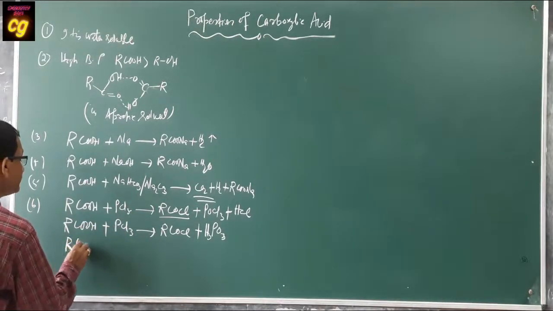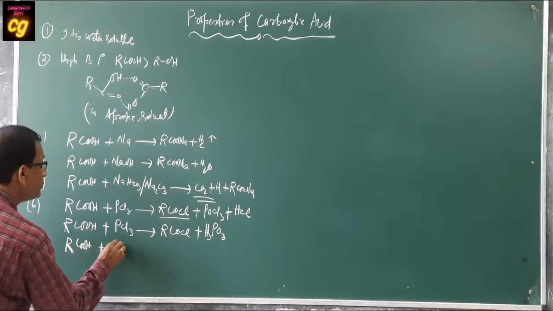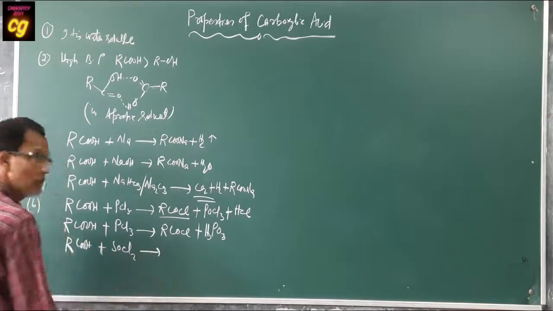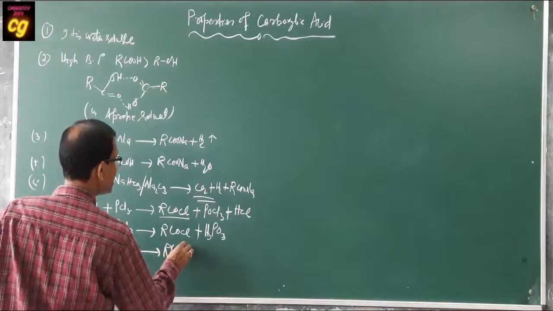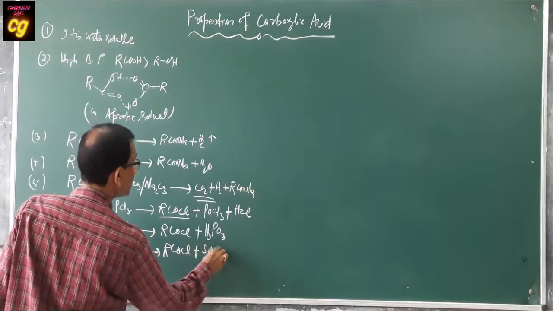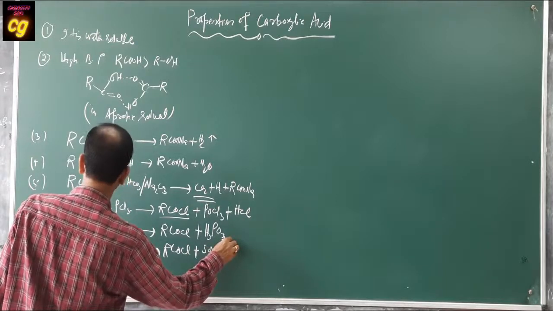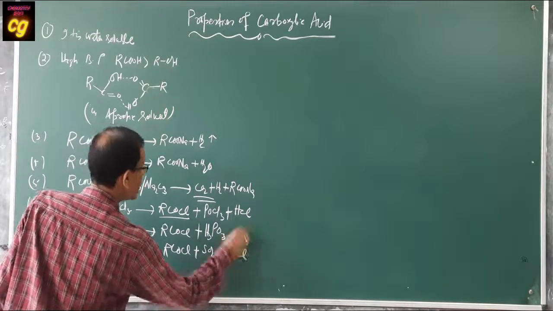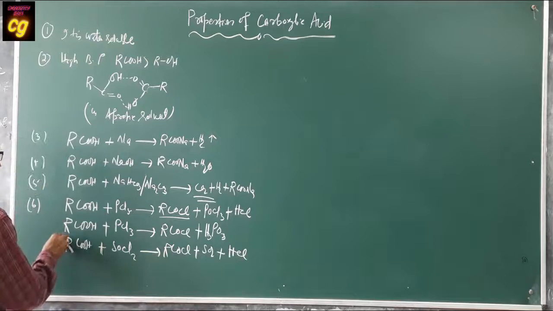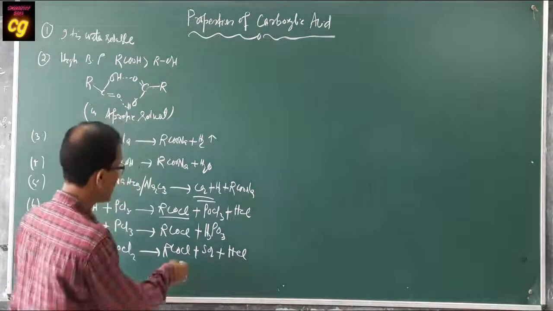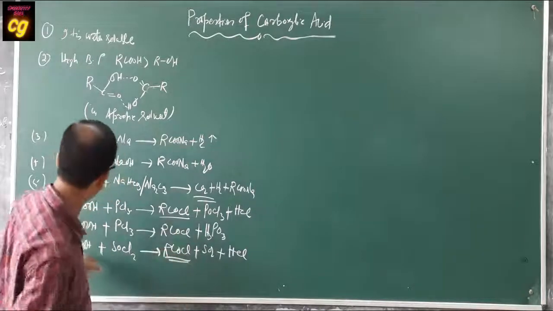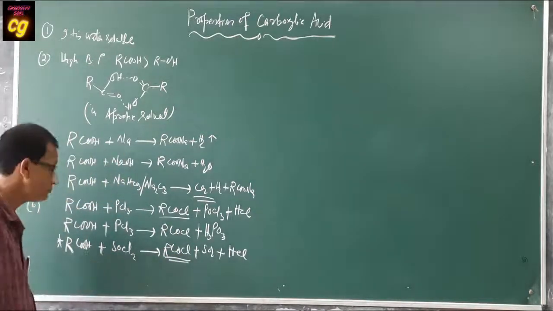Acid reacts with SOCl2 like your alcohol, forming the corresponding acid halide, sulfur dioxide and HCl. So this reaction is also a very important reaction in the preparation of pure acid halide. Pure acid halide can be prepared by this method, using thionyl chloride.